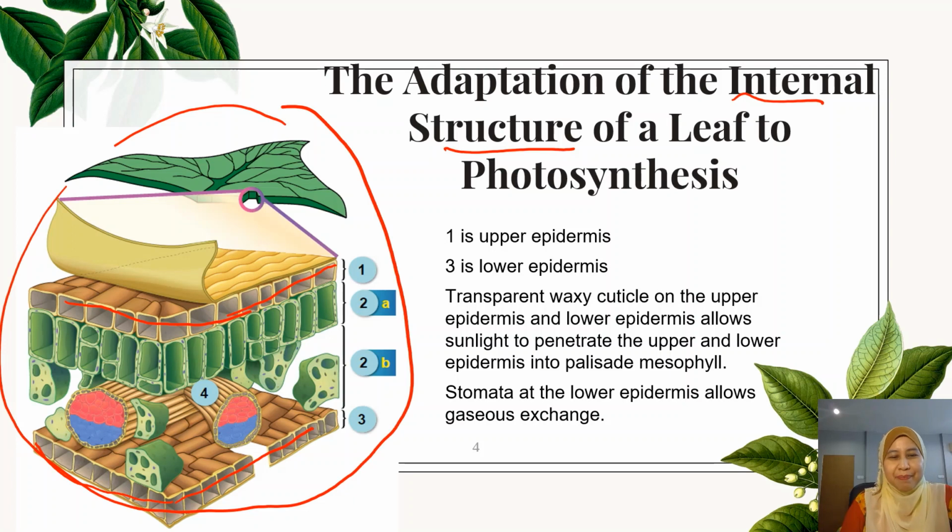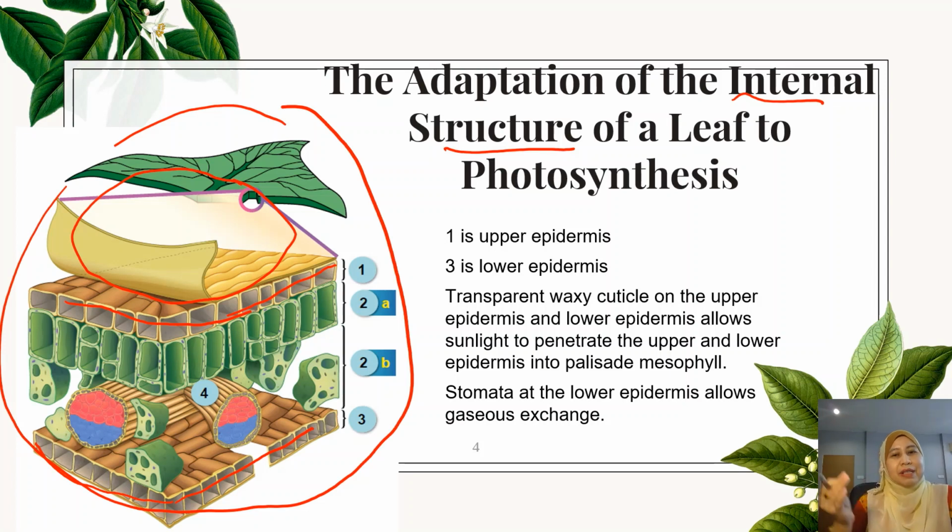Label number 3. If you look at the diagram, you can see the transparent waxy cuticle up here. The transparent waxy cuticle on the upper epidermis also can be found at the lower epidermis.